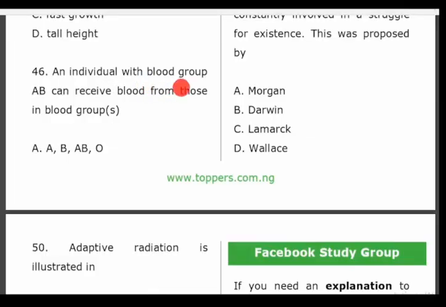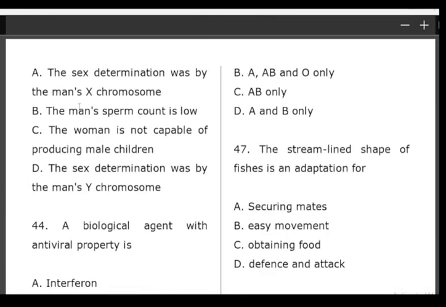So move to 46 now. An individual with blood group AB can receive blood from those in blood groups: A, it can receive from blood group A, B, AB, and O. B, it can receive from blood group A, AB, and O only.